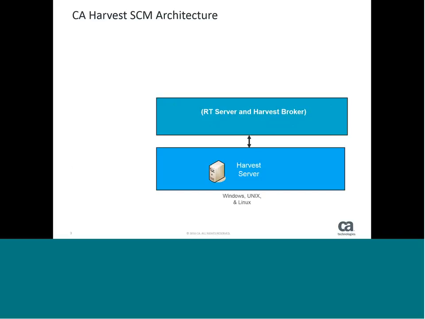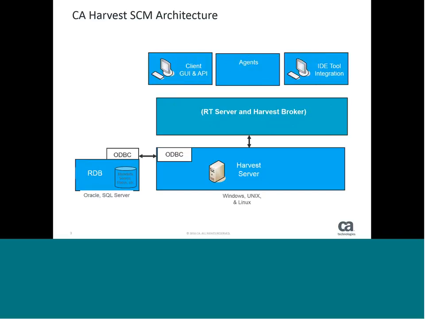So initially we see there is a Harvest RT server and Harvest broker. RT server is the server that is provided by the Enterprise Communicator, and Harvest broker is a Harvest component which manages all the Harvest servers inside Harvest.